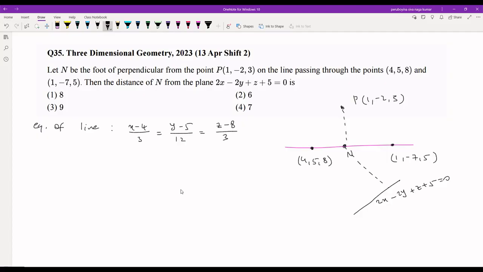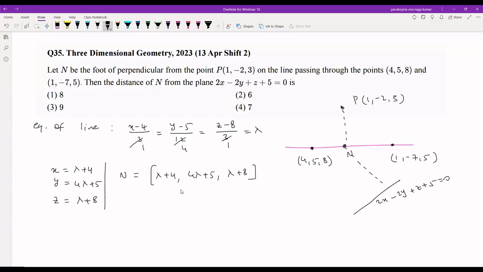If possible, you can cancel DRs also, 1 time, 4 times, and 1 time. So say any point on this, say lambda, then x is equal to lambda plus 4, y is equal to 4 lambda plus 5, and z is equal to lambda plus 8. So take this point as N: lambda plus 4, 4 lambda plus 5, and lambda plus 8.